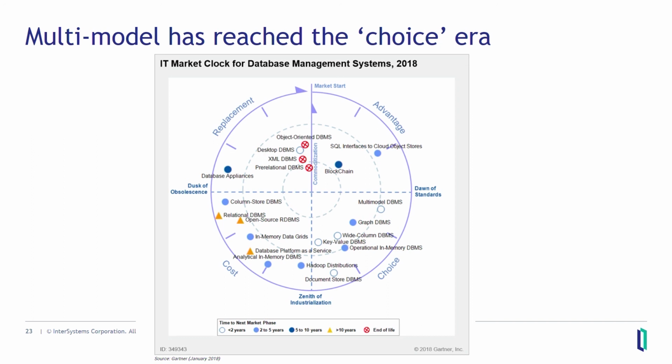The era of choice is such that there are multiple vendors taking that concept and offering it. Then you get into something that's commoditized, then something which is passé, if you will. And you'll see that multi-model is right here and also on the fastest track. So I expect that from the standpoint of industry trends, we'll see more and more of this term for a very common sense idea.